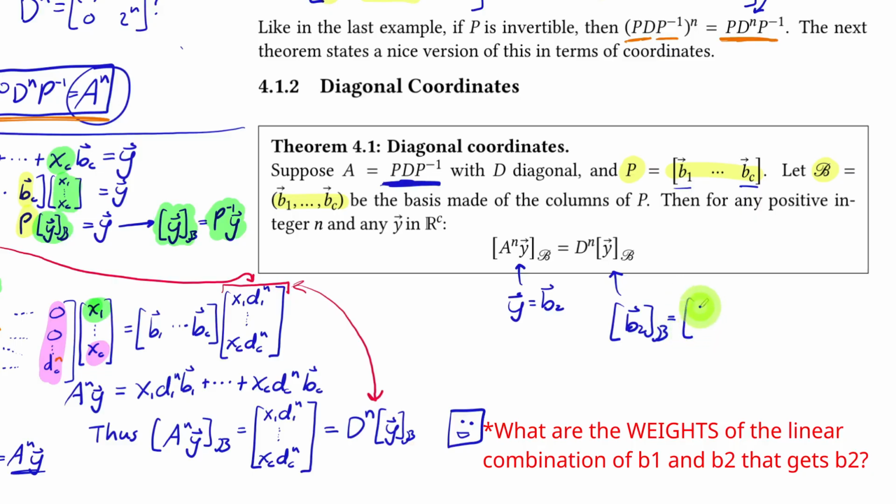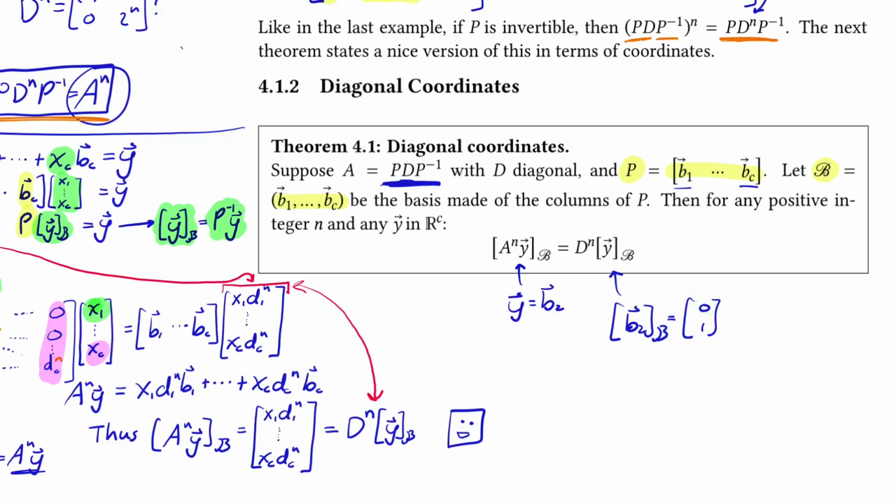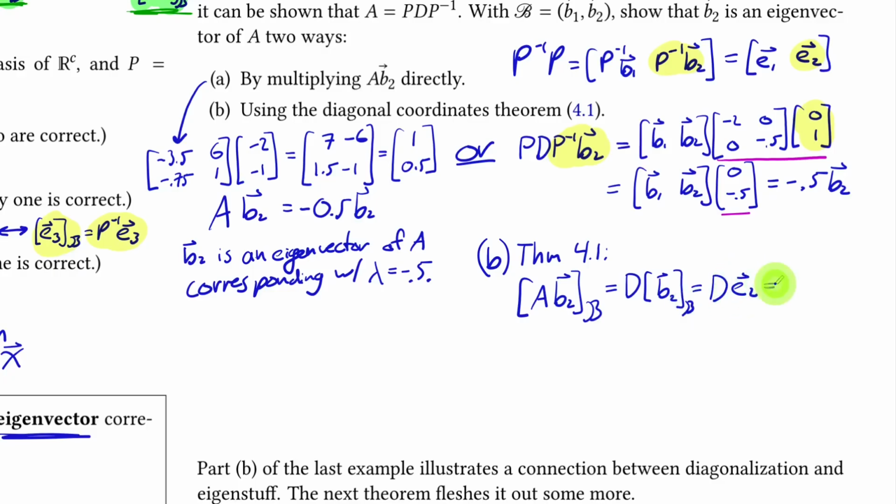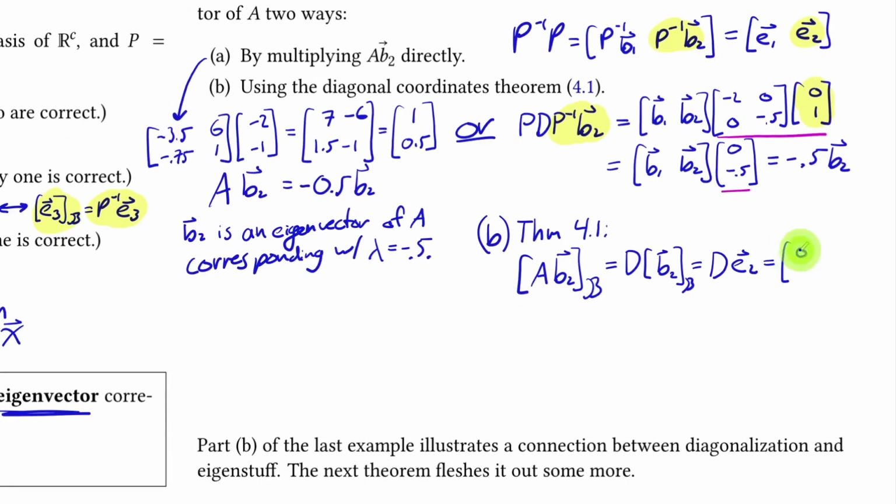Well, it's just 0 and 1, right? So in other words, the B coordinates of A times b2 are D times the B coordinates of b2, which is just D times e2, which is going to be 0, -0.5.